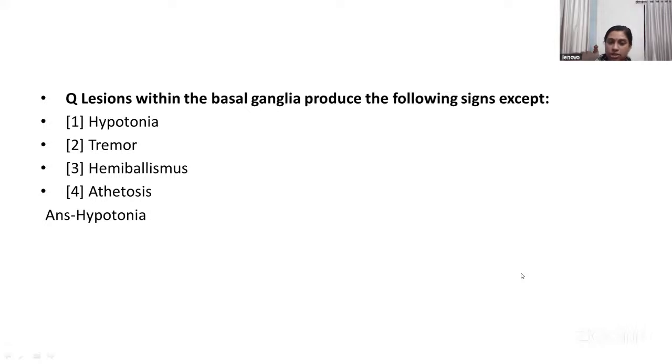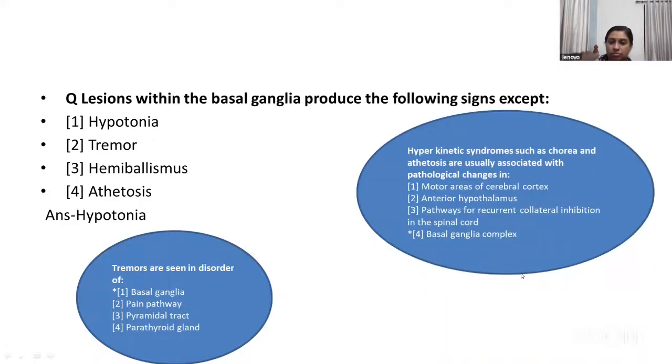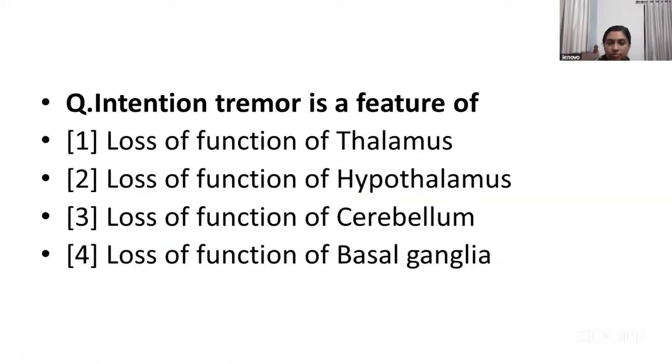These are all associated with the basal ganglia lesions. Good. Tremors are also seen in the disorder of basal ganglia. This is also another question. Hyperkinetic syndromes such as chorea and athetosis are usually associated with pathological changes in the basal ganglia complex.